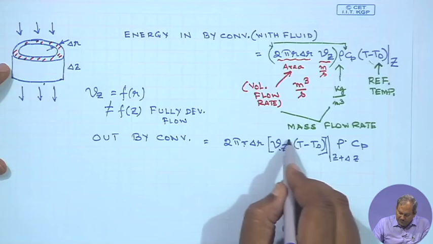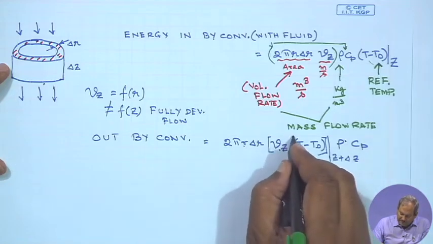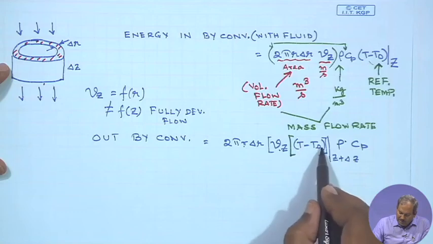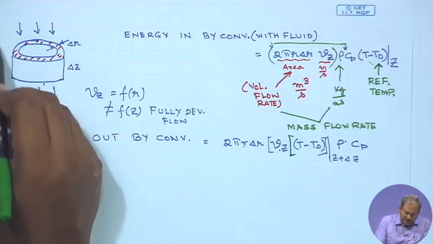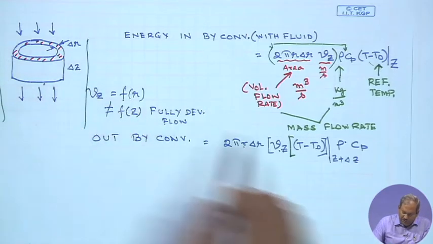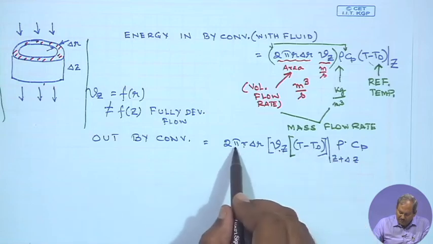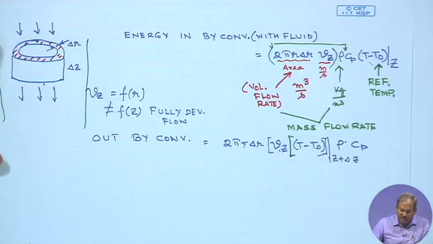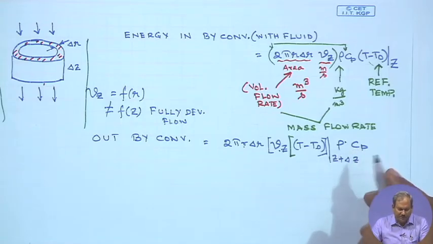Therefore, this Vz can be taken out of this sign, and the T minus T naught, where T is changing with Z as we move in this direction, will change. So, T is a function of Z, but Vz is not a function of Z. So, we can take the Vz out of this, and T naught is just a datum temperature.